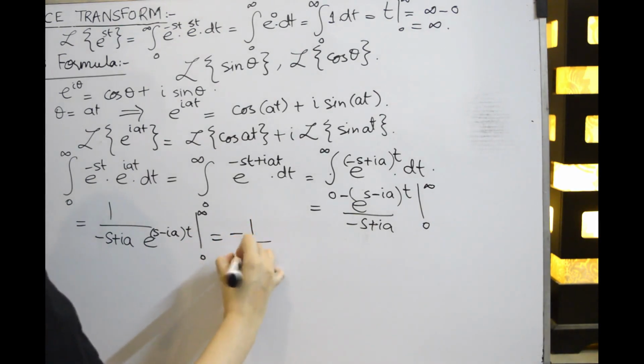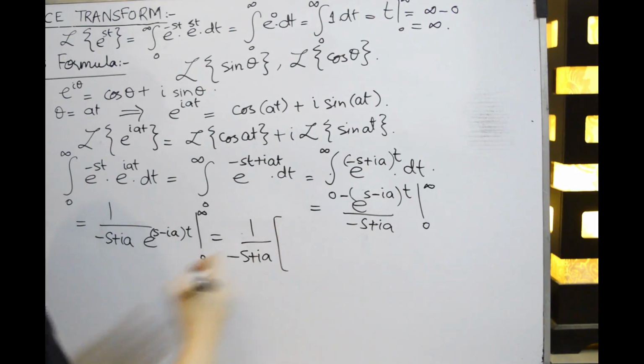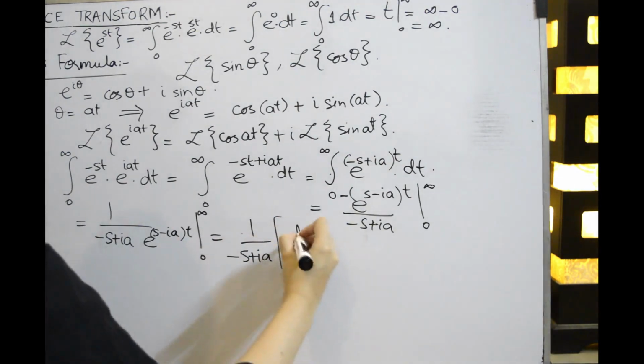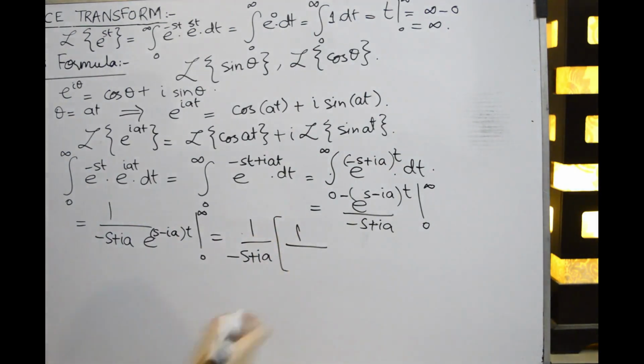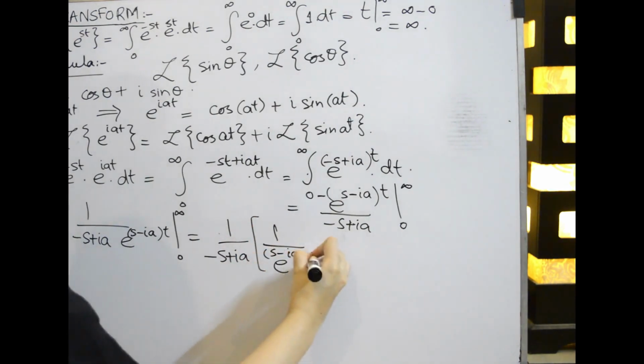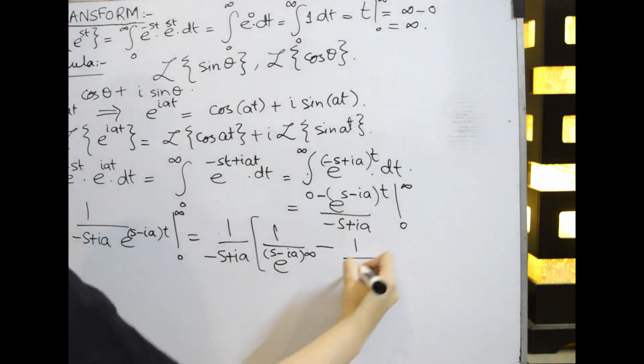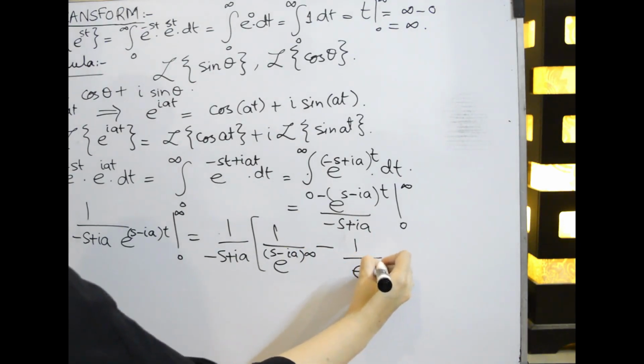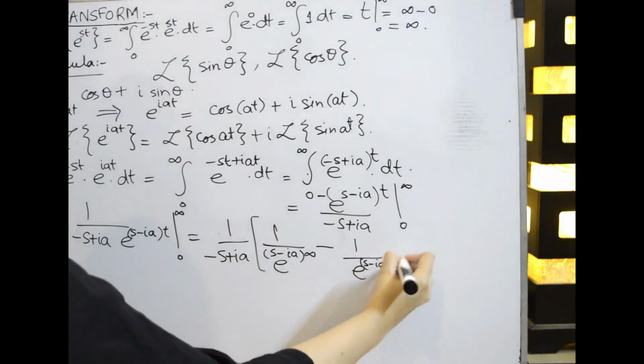First I have to take this as the common value, and 1 over e to the power s minus iota a into t, that is s minus iota a into infinity, minus 1 over e to the power s minus iota a into 0.